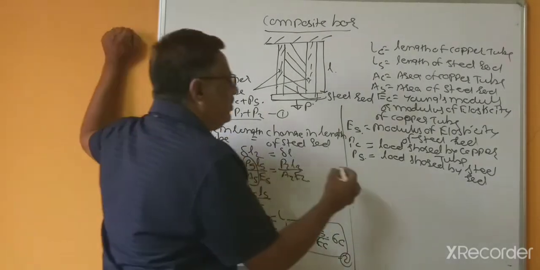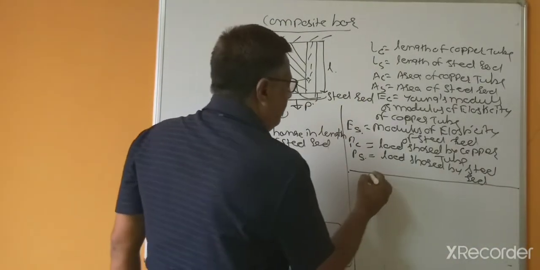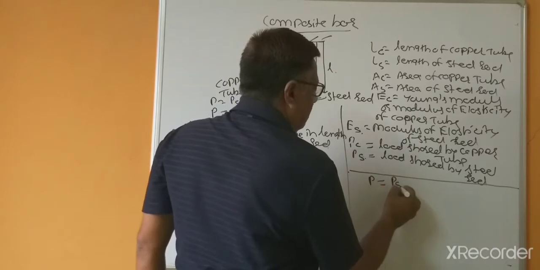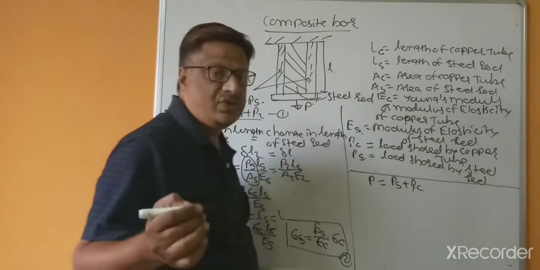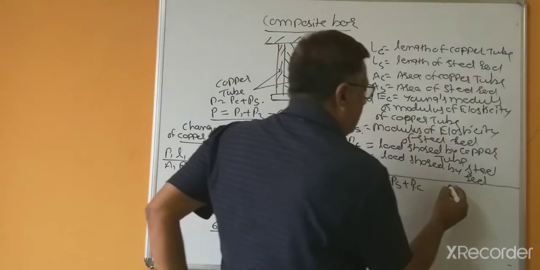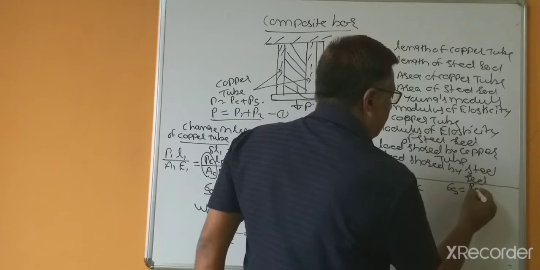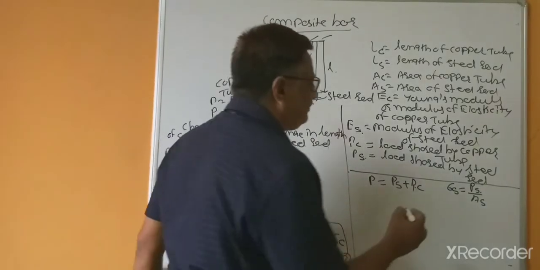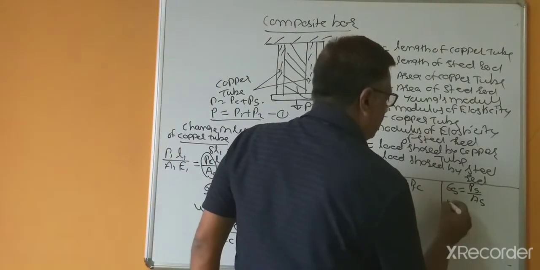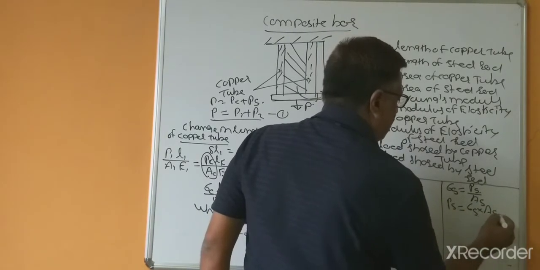Now by using these equations, P equals PS plus PC. As you know, sigma S equals PS divided by AS, so we can write PS equals sigma S into AS.